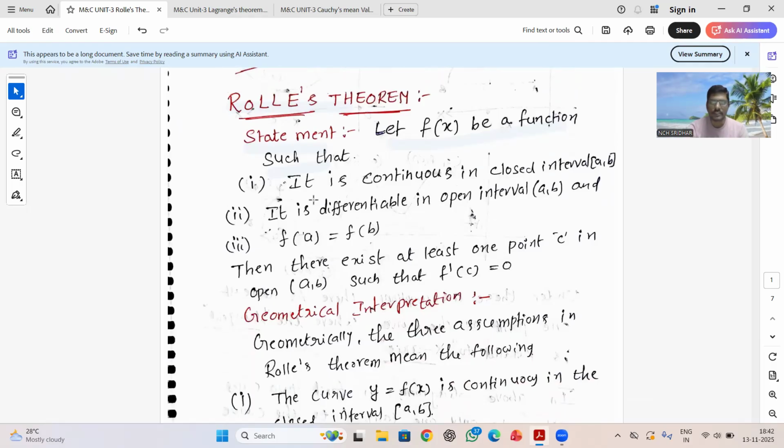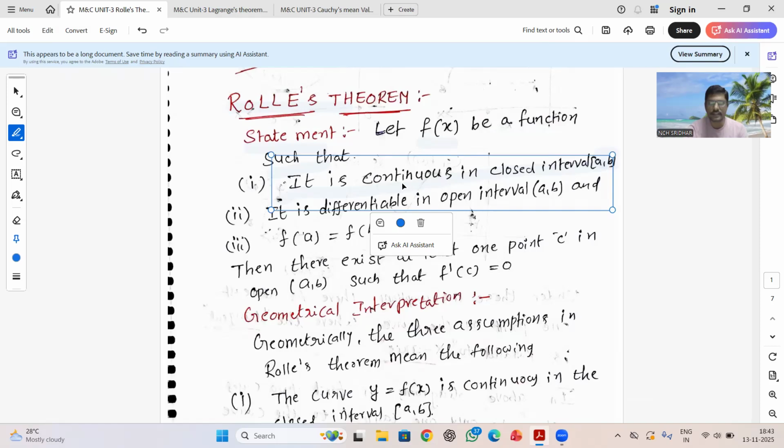First, f of x is continuous in closed interval a comma b, and f of x is differentiable in open interval a comma b, and f of a equal to f of b.